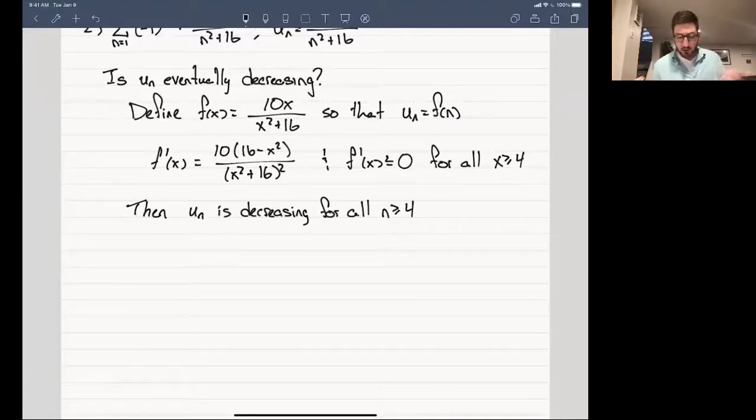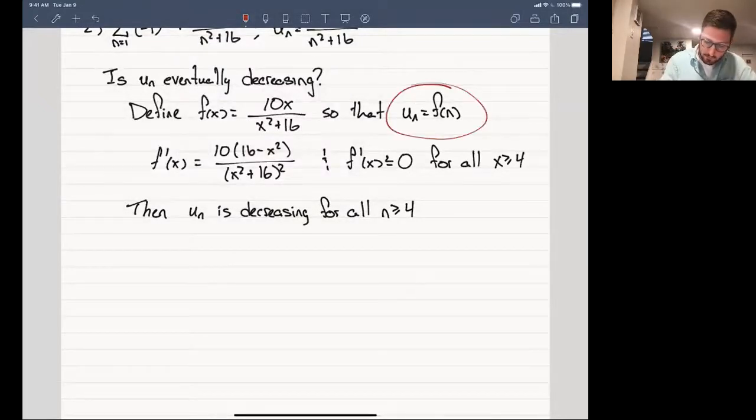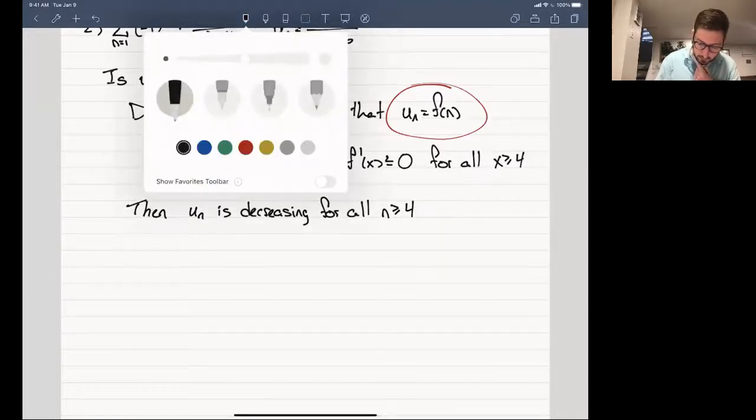Because what it tells you is that the function is decreasing. So for a previous x and a next x that are bigger than 4, the function at the first one is going to be bigger than the function at the second one. Because the function evaluated at the integers gives us our sequence, this tells us that u_n is decreasing for n greater than or equal to 4.